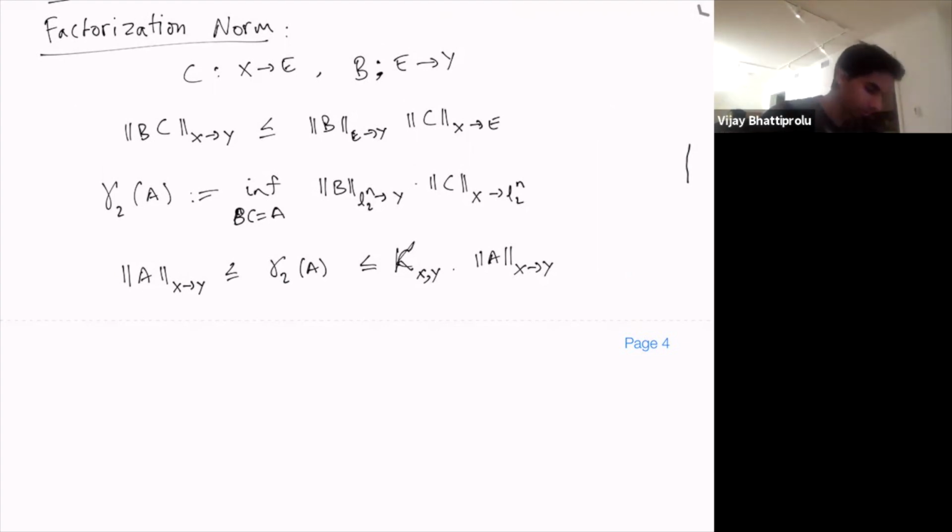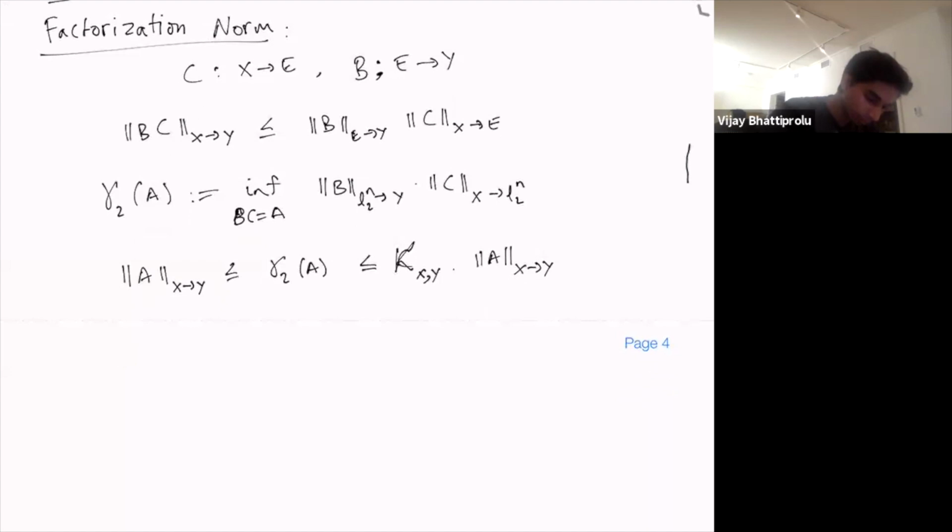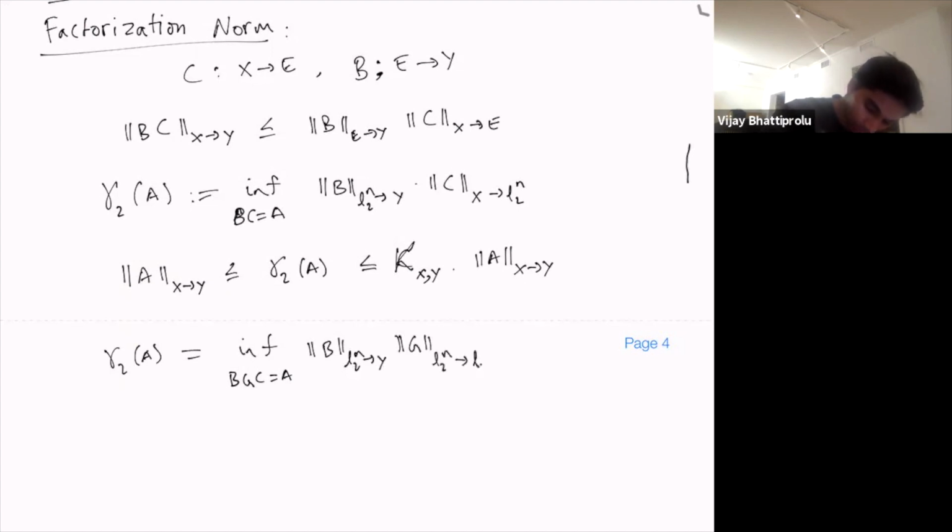Before I move on, let me also note a trivial observation. Gamma 2 of A can also be written as the infimum over BGC equals A of the norm of B from L2^n to Y, times the norm of G from L2^n to L2^n, times the norm of C from X to L2^n.